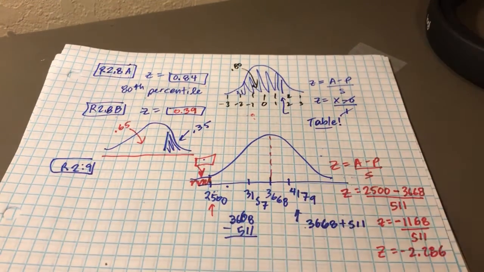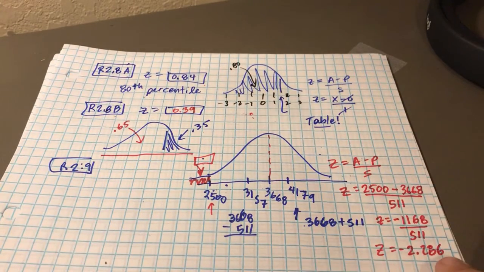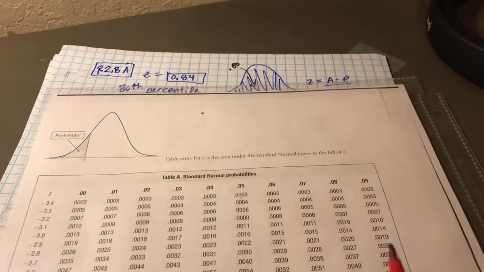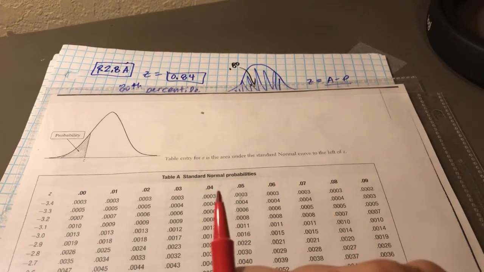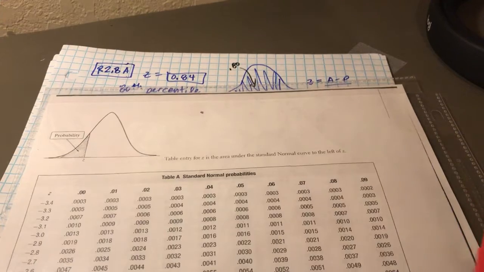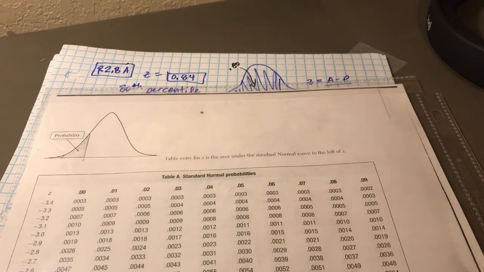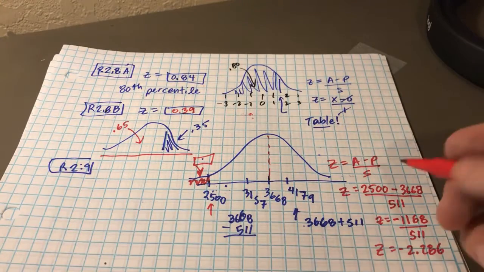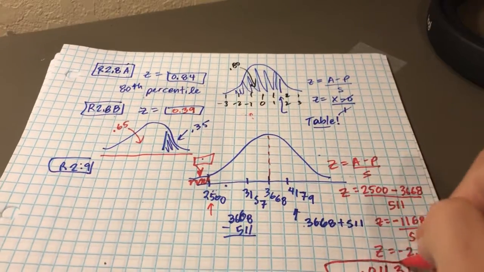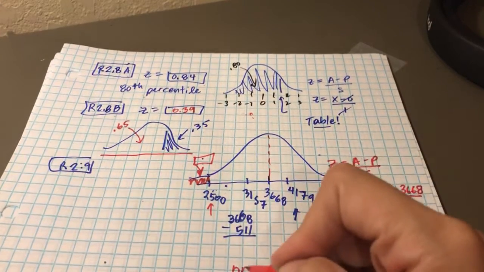Now, if I know my Z-score is negative 2.286, negative 2.28, and I don't even go to 6. So I wiggle over here and I get 0.0113, maybe even 0.011 something else. So that's my proportion or area under the curve.